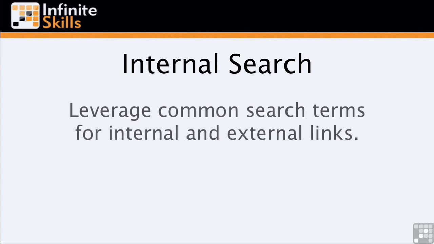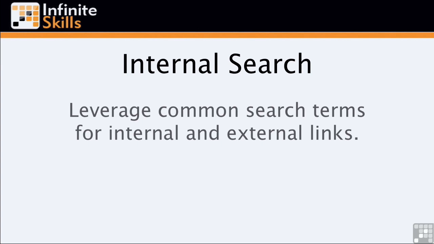You're going to want to look at what people are typing in very often because you're going to want to leverage these common search terms for internal and external links. If for some reason red shoes is a highly popular search term on your site and a lot of people are looking for that content, that's a page that you're going to want to have in your sitemap and indexed with a good page title. But also you're going to want to start building links to it.